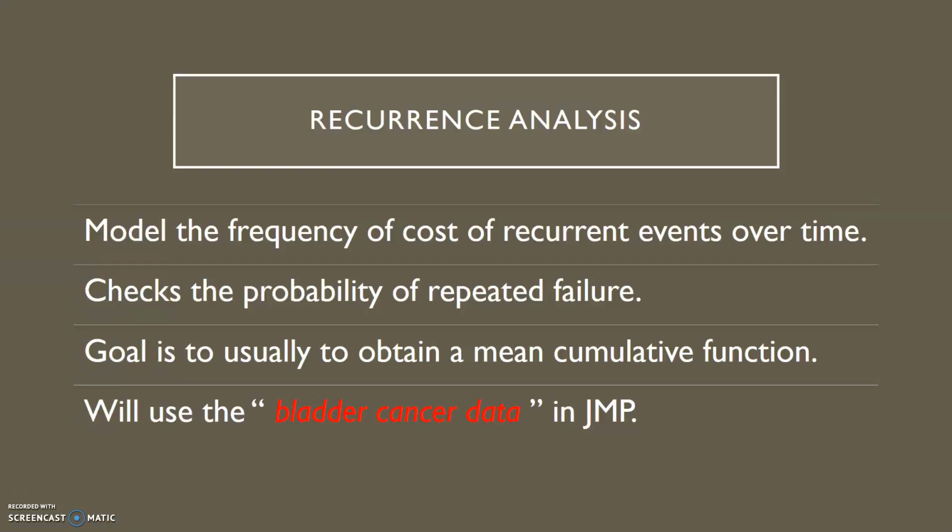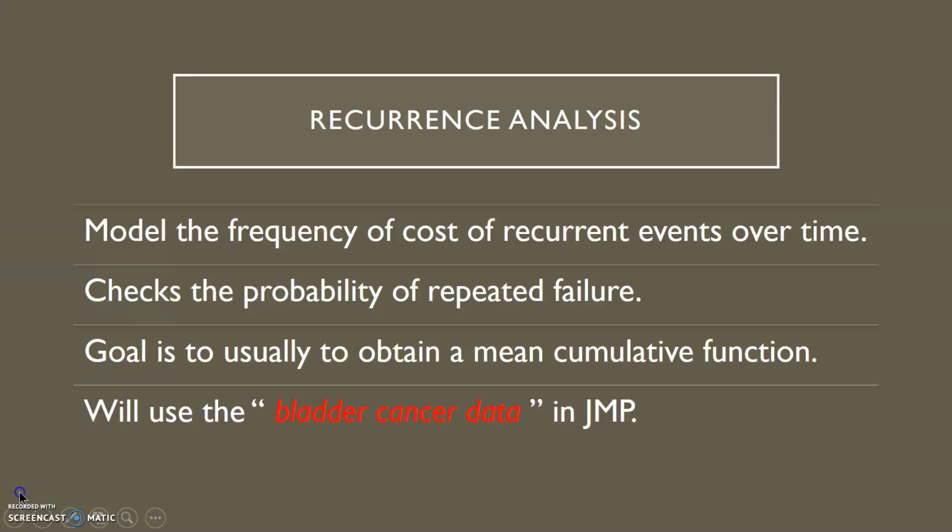And the goal whenever we conduct a recurrence analysis is most often to obtain a mean cumulative function, because that gives us a graph that shows us that you can expect this number of failures at this point in time. And to show a graphical representation of this, we'll be using the bladder cancer data in JMP.